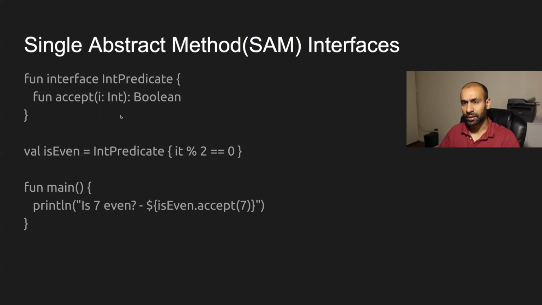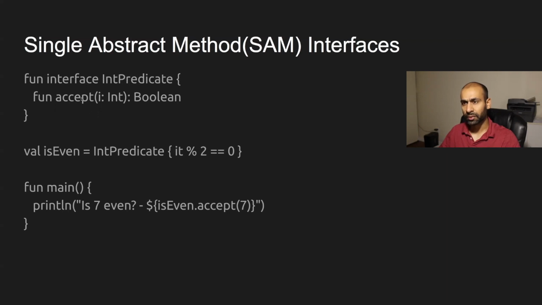So we could very easily create, for example, an isEven type of IntPredicate, right? Which accepts something, and I would just say whether it's even or not. So isEven is an implementation of IntPredicate which would have the accept method in it.